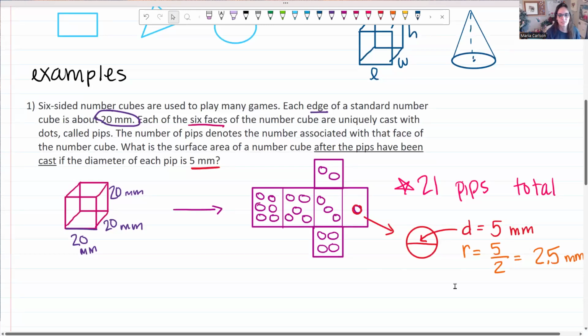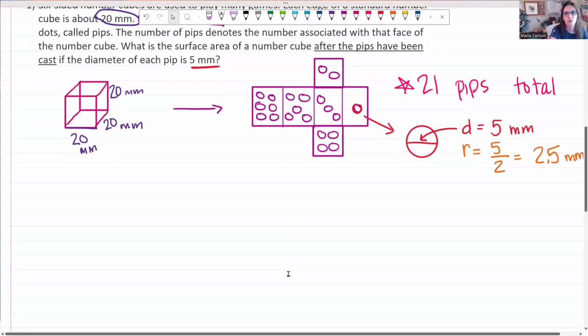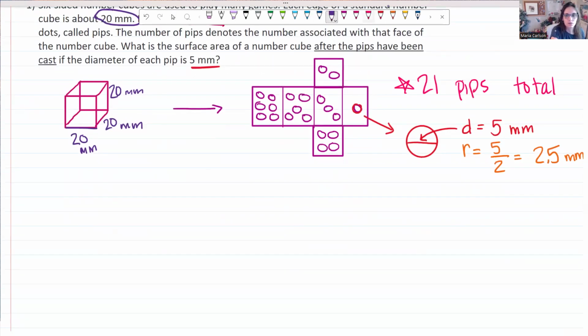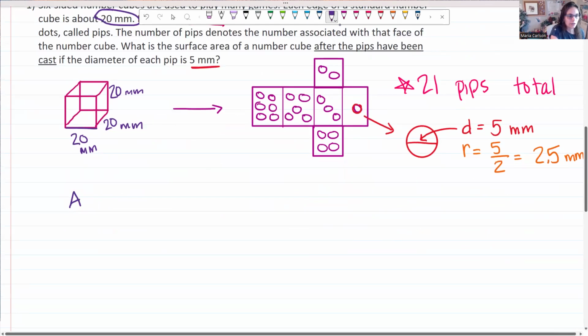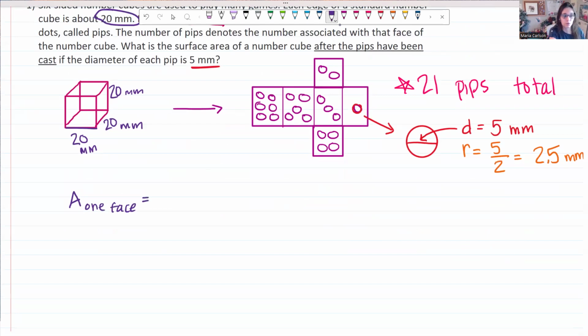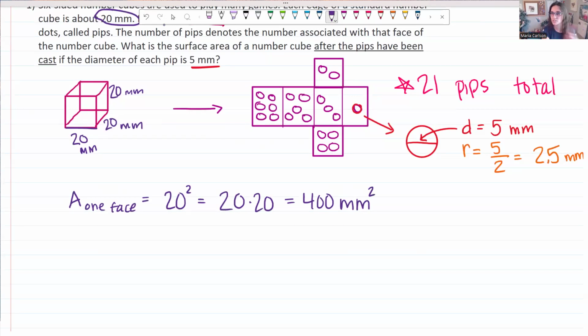Let's start finding some areas. So we need the surface area of the cube. And first I want to find the area of one face. The area of one face, you're just going to multiply 20 times 20, the side length times itself, or 20 squared even. 20 times 20 is 400 millimeters squared, because the side length is 20 millimeters.